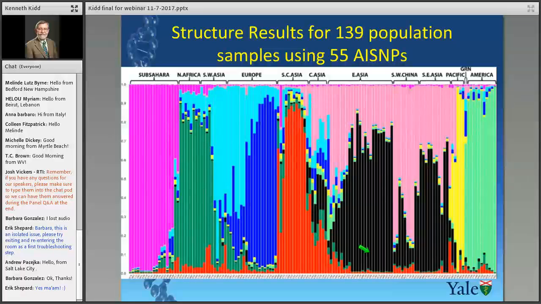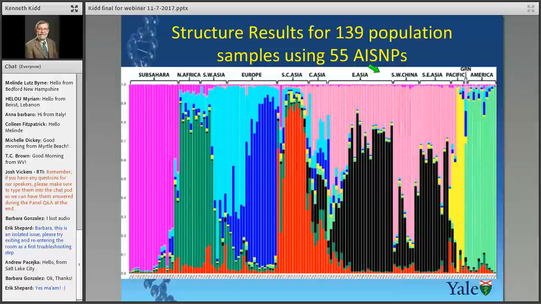And it's quite clear that these panels differentiate the sub-Saharan populations, the North African populations, Southwest Asia and Europe, with a cline from south to north in Europe, South Asia into Central Asia.